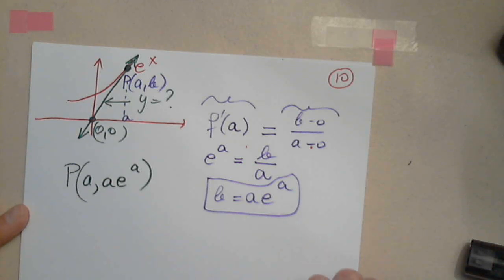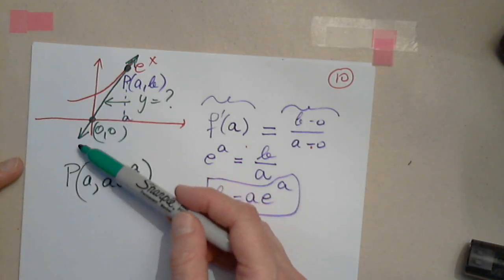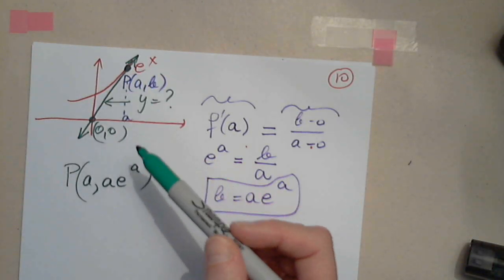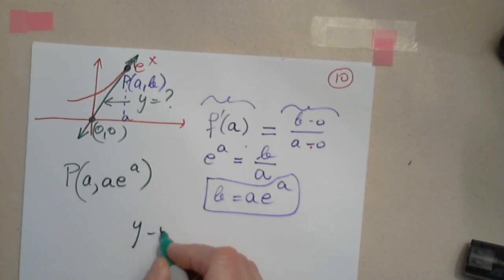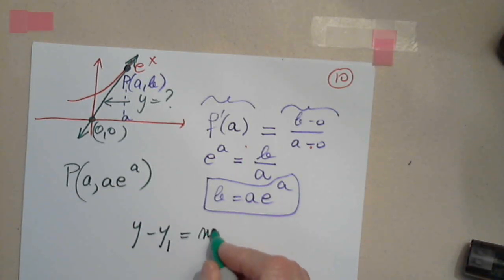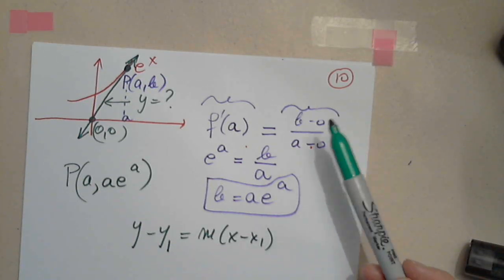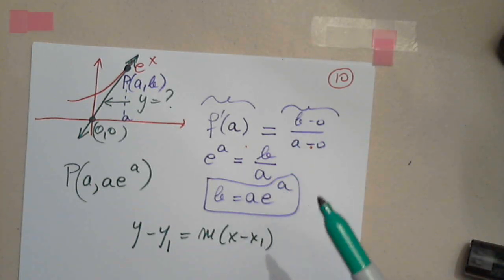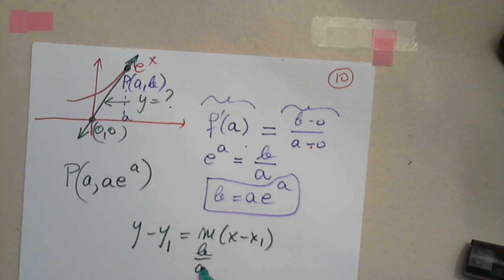Is that the answer? No, we're asked to find the equation of the line, right? So then y minus y1 equals the slope times x minus x1. The slope is b over a. x1 is a, and y1 is a e to a.